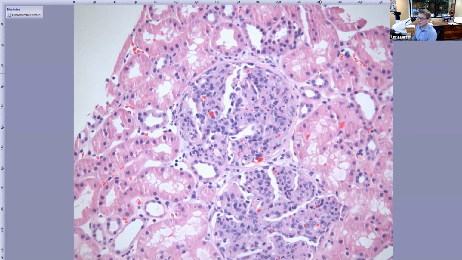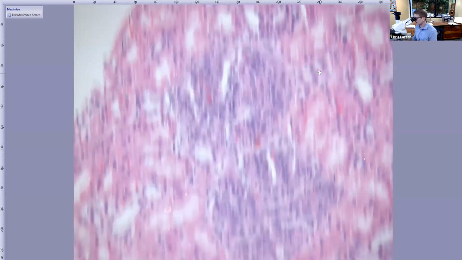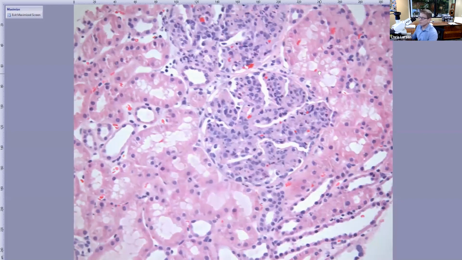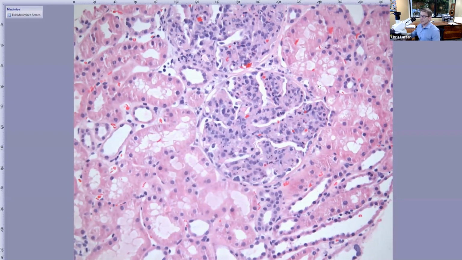Based on that history, you probably suspect that this patient has a post-streptococcal glomerulonephritis. And in fact, if we look at these glomeruli, you can tell that they're very hypercellular. If you just look at this glomerulus, what you're looking for is the mesangium and the capillary lumens, and really you can't identify any of those.